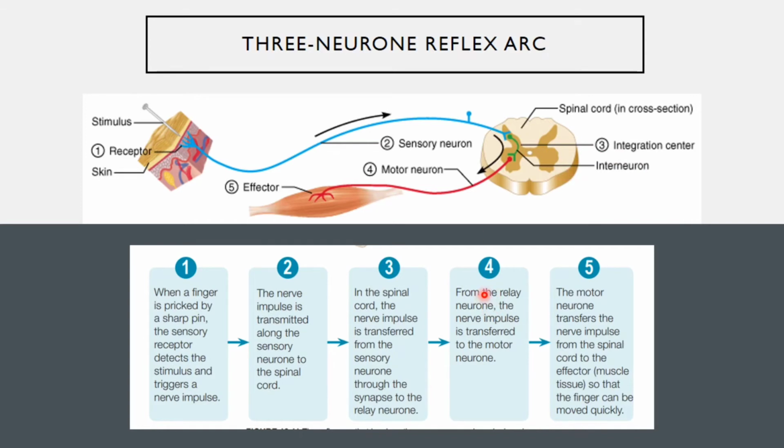From the relay neuron, the nerve impulse is transferred to the motor neuron. And then the motor neuron transfers the nerve impulse from the spinal cord to the effector, which is muscle tissue, so that the finger can be moved quickly.